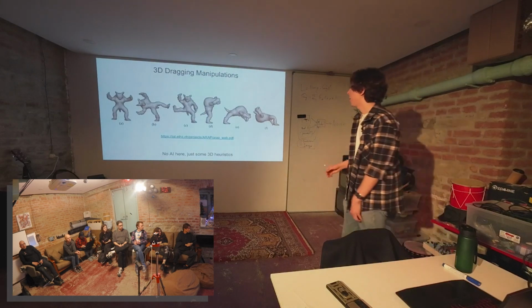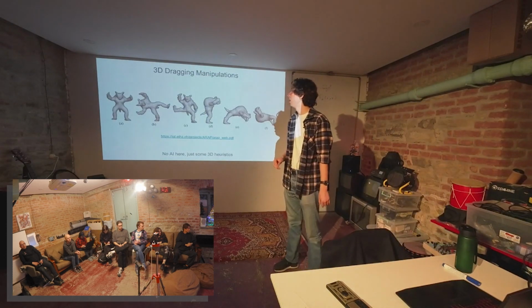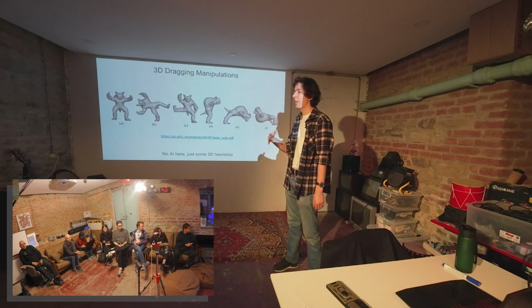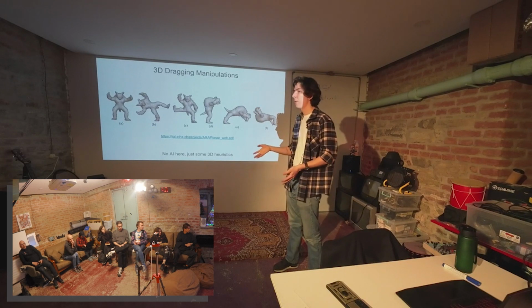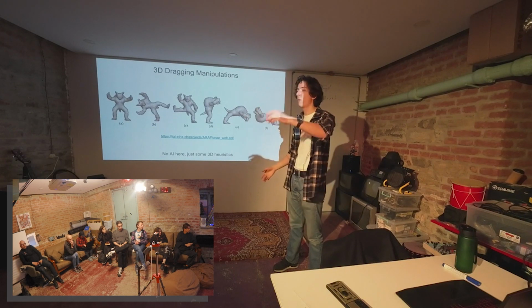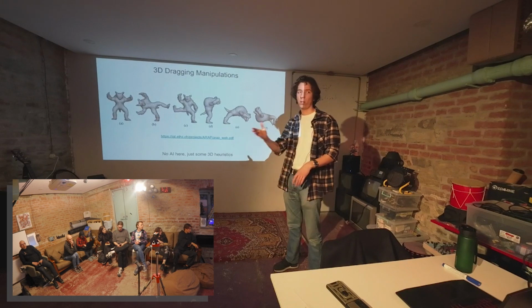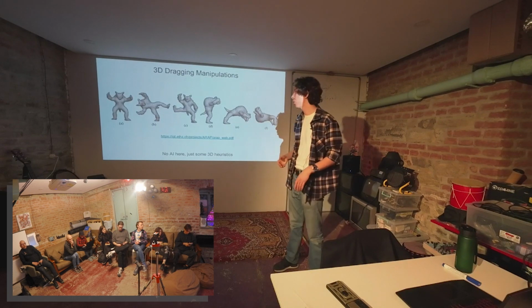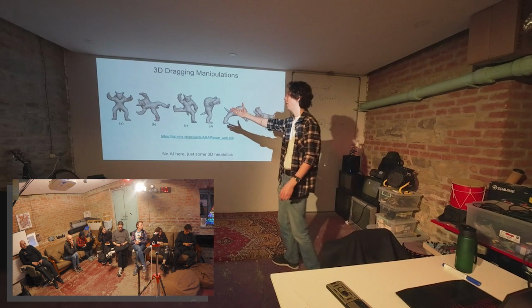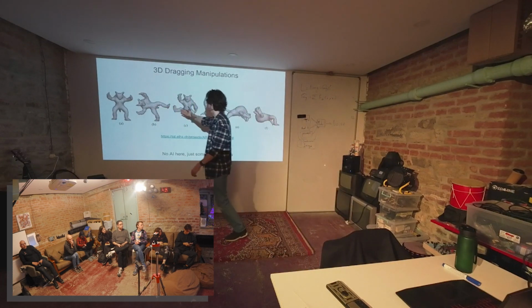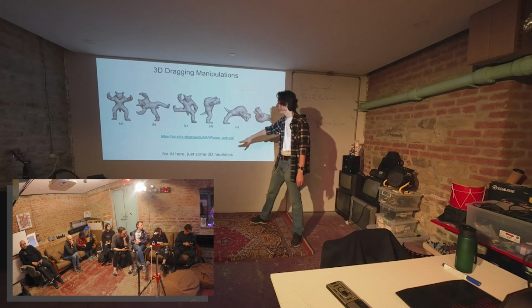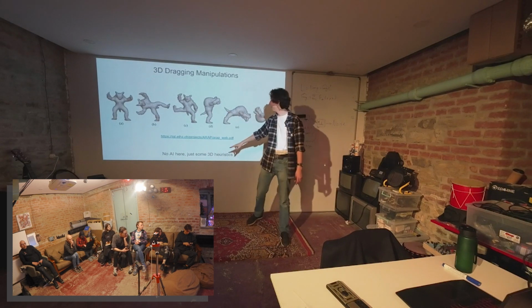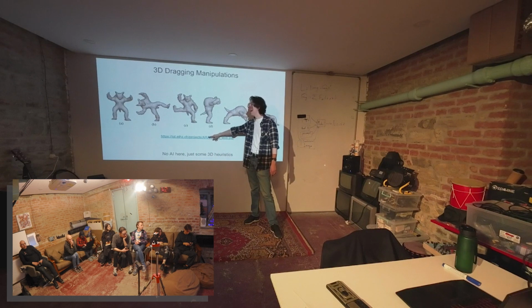The final point in this lecture is how, instead of changing things with text, we might want to change something with intuitive dragging operations. When you're a 3D artist, if you want to change the position of a particular part of an object, you use a rig on top of the mesh. But if you don't have a rig, for example with this armadillo model, and you want natural deformations of the object, you have this algorithm called ARAP, as rigid as possible.